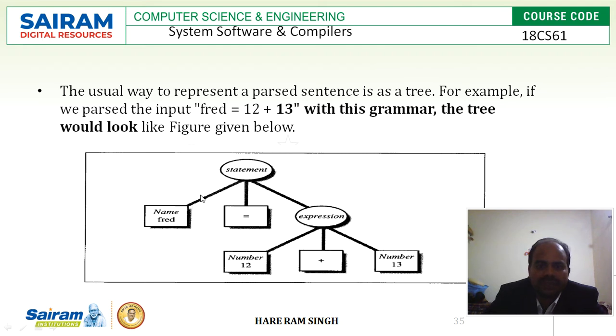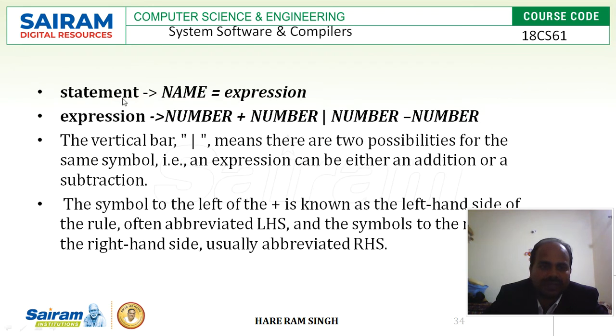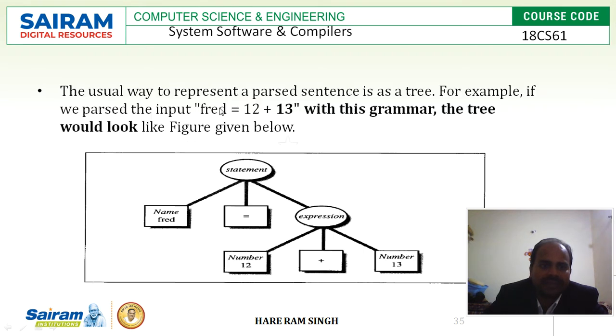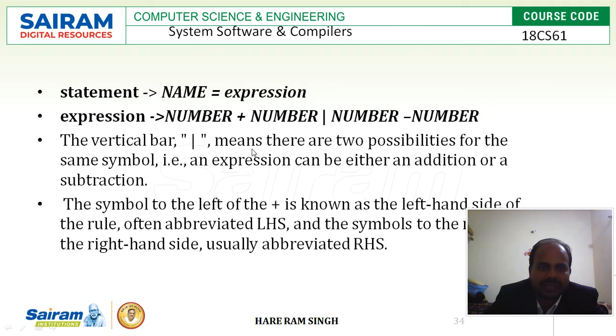like the figure. So how do we generate a parse tree for the input Fred equal to 12 plus 13 by using that previous grammar? This statement generates name equal to expression. So first we will write statement generates name equal to expression. So here name can be Fred, then equal to, and for this expression, what can we write?